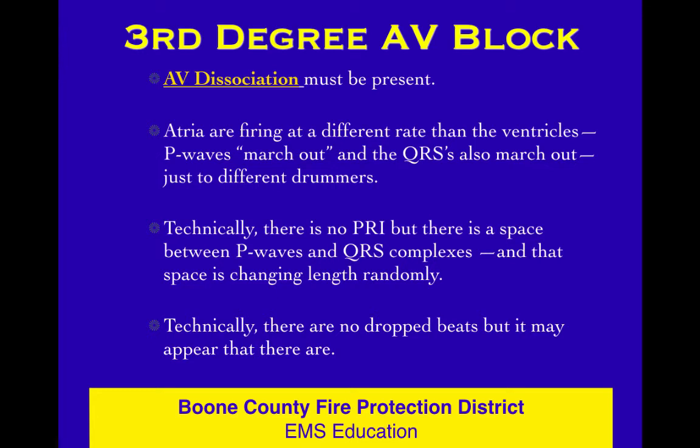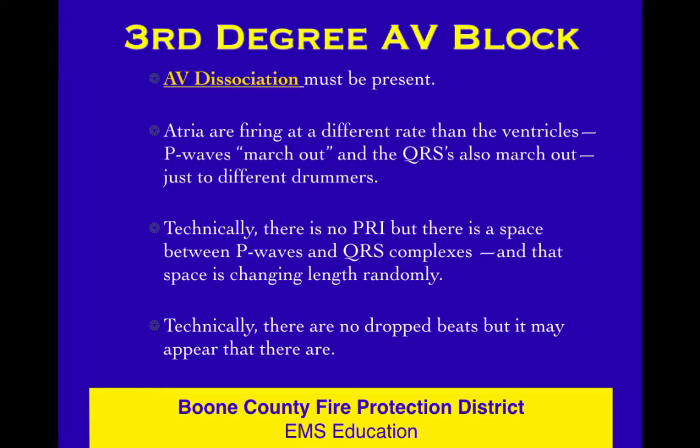Now, technically, there's no PRI. But when you look at it, your eye sees a space between a P wave and a QRS. And so your eye and your brain calls it a PRI, but you realize that eventually, no, those P's aren't related to the QRS's. Anyway, the space is changing.